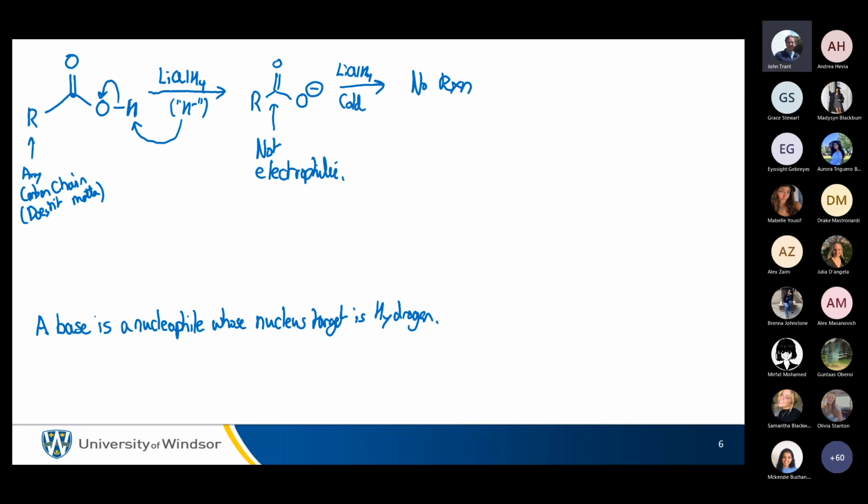So if you keep the lithium aluminum hydride cold, there's no reaction on the alcohol, on the acid. Nothing happens. That's why we wanted to use an ester, because we didn't have this crazy stuff happening. We just attacked the carbon. So this does work if you heat it.